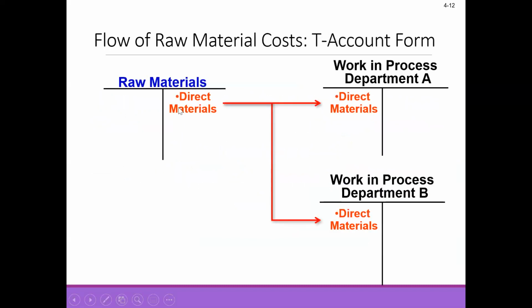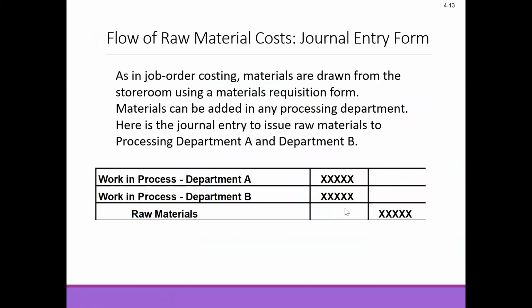So materials go into Department A, materials go into Department B. As in job order costing, materials get drawn from the storeroom using a materials requisition form, and they can be added to any department. Here's how we would show the journal entry to add them into one department, two departments, or many.